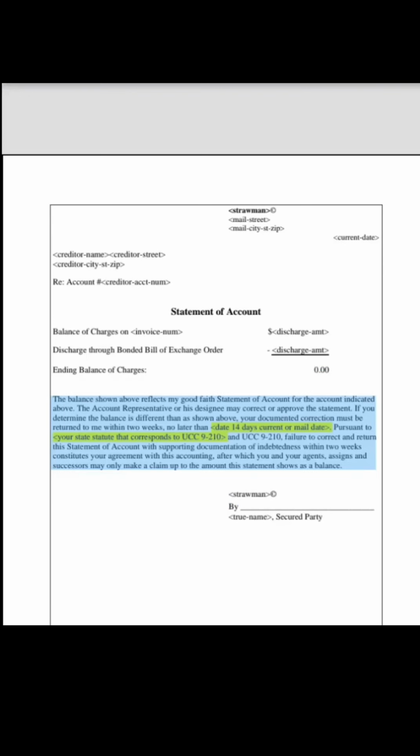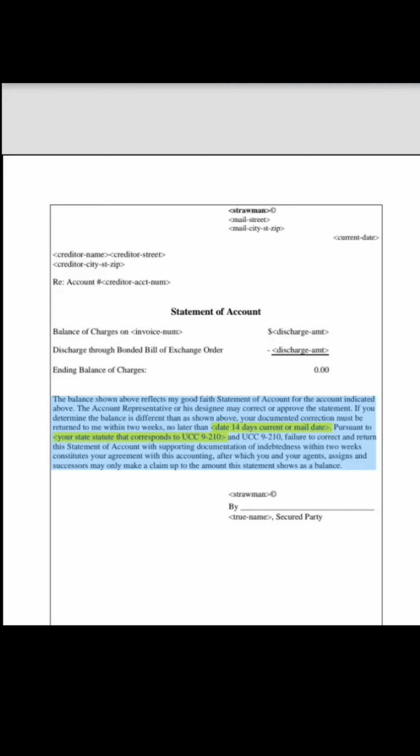0.00. The balance shown above reflects my good faith statement of account for the account indicated above. The account representative or his designee may correct or approve the statement. If you determine the balance is different than is shown above, your documented correction must be returned to me within 2 weeks, no later than <date 14 days from current or mail date>.